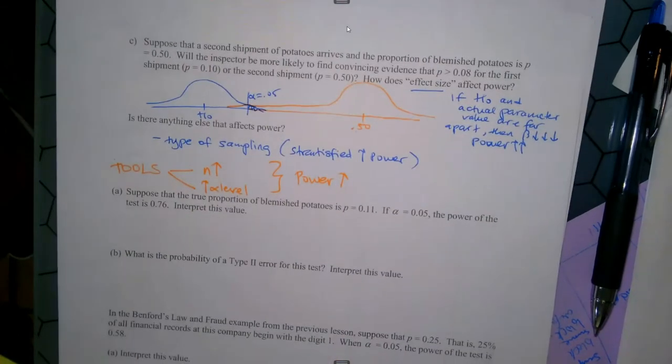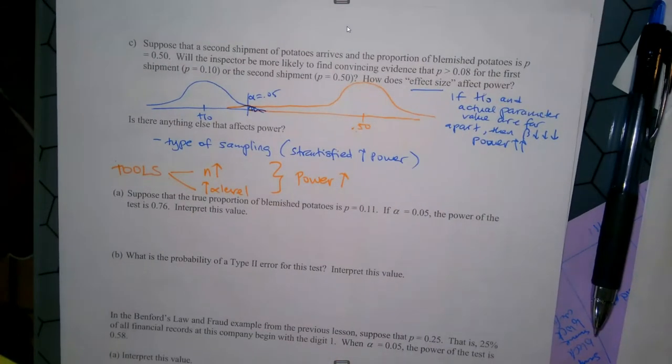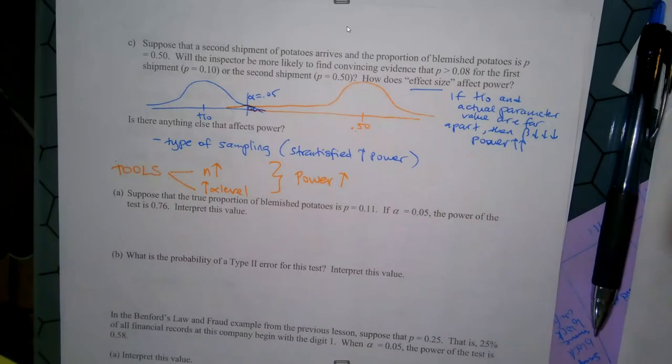So suppose that the true proportion of blemished potatoes is 11%, like before. If the alpha is 0.05, the power of the test is 76%. What does this mean?